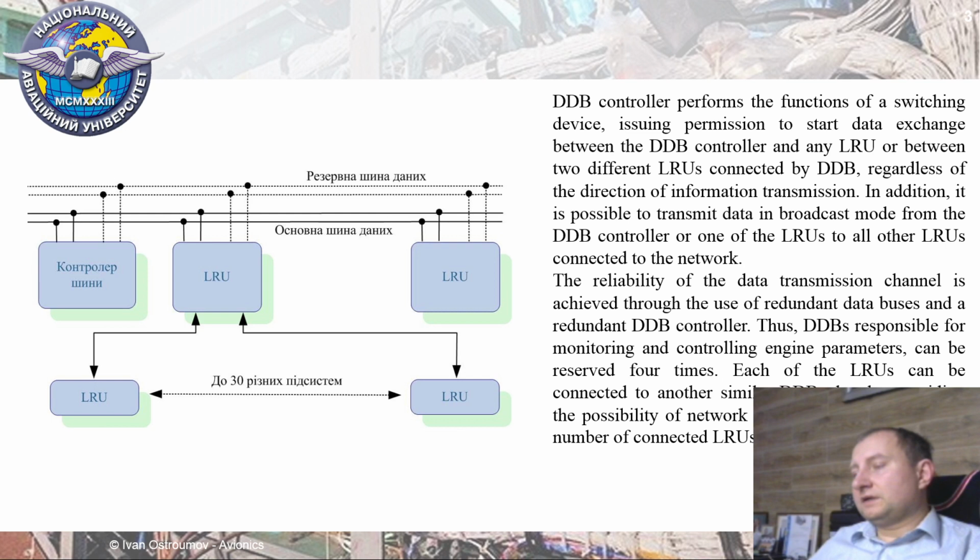It means that the bus controller is like an arbiter which guides data transmission in the channel. It specifies which LRU should transfer the data to which other particular LRUs. Thus, the bus controller does everything for performing packet transferring.